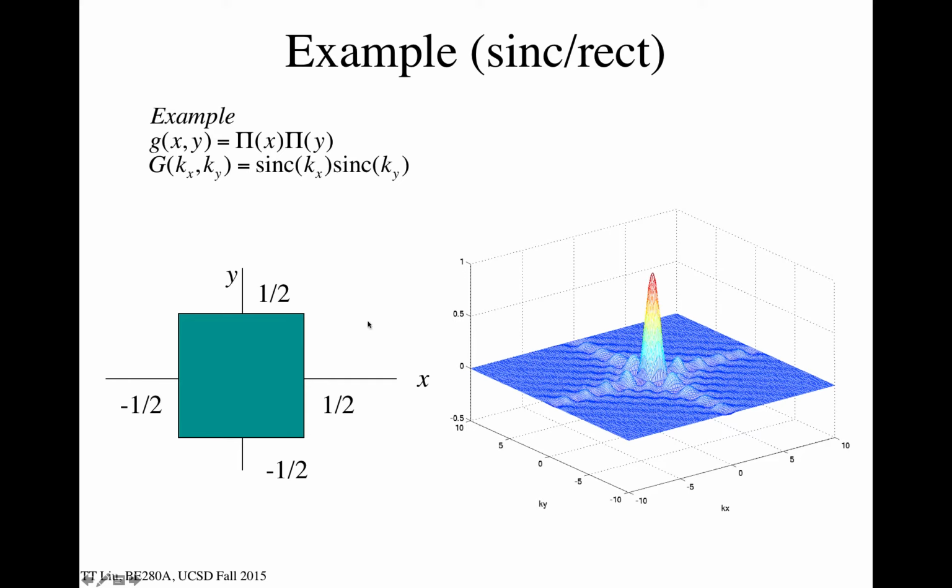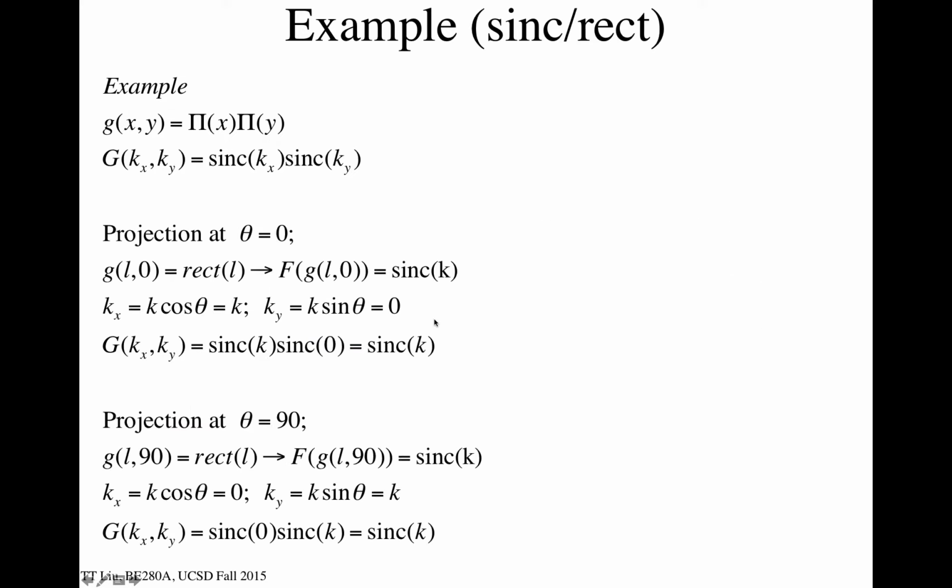We can look at the particular values of what a projection would be through a rect function, because that's pretty simple. So g_L(theta) at a projection angle of 0 is just the rect function, because we've got that square. When you project down onto the axis, you just get a 1D rect function, and you can prove that its Fourier transform is a sinc.